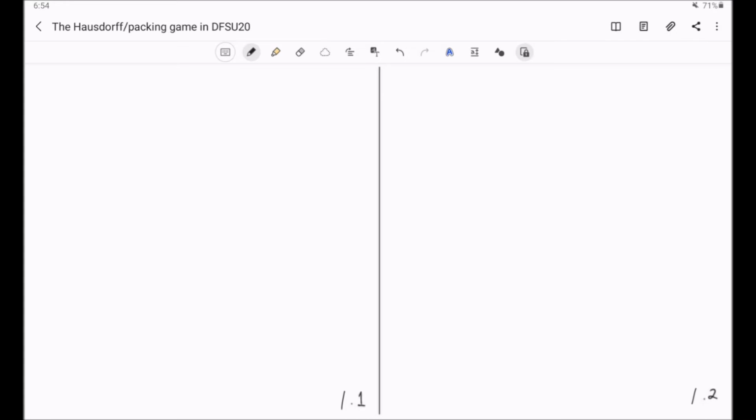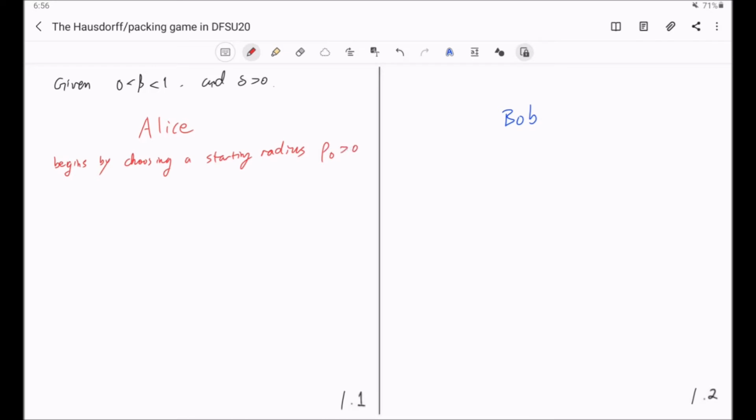The game is defined as follows. Given a parameter beta between 0 and 1, and a delta that is positive, there are two players, Alice and Bob. Alice begins by choosing a starting radius rho naught greater than 0.